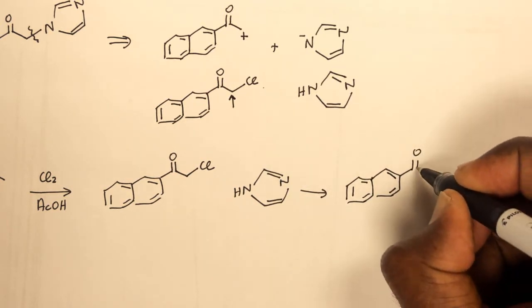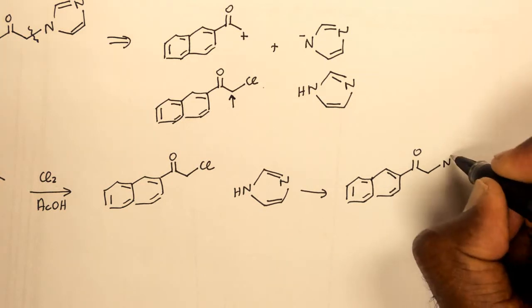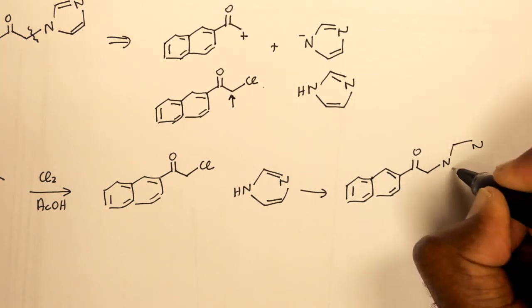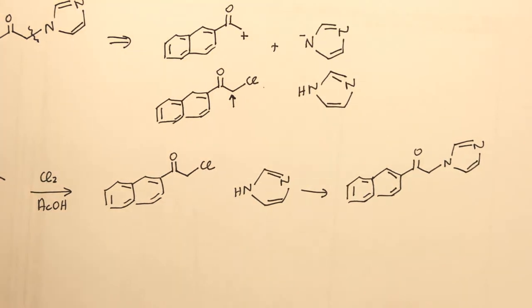There's a carbonyl group, the alpha carbon, to which the imidazole is attached.